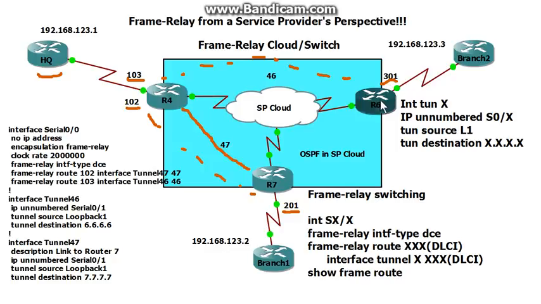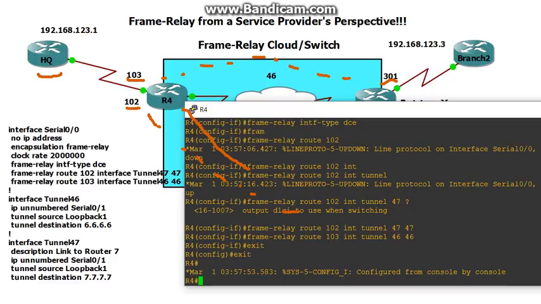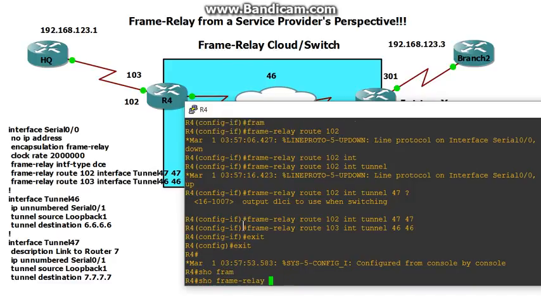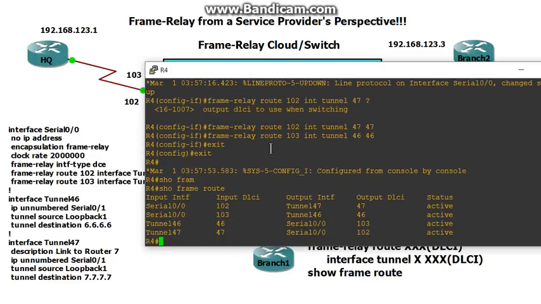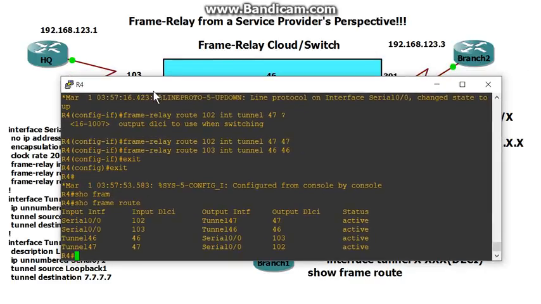Incoming DLCI of 301, outgoing DLCI is 46 through the tunnel, and that's just how it works. If I go to R4 and do a show frame-relay route, there you go. You can see what the input DLCI is and the output DLCI. So that is how it actually works.